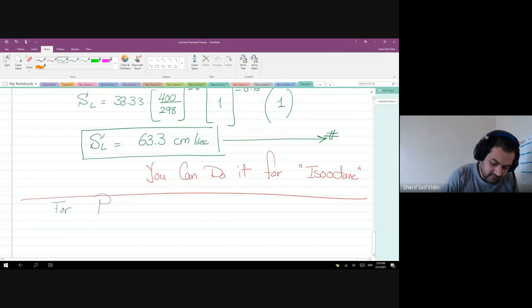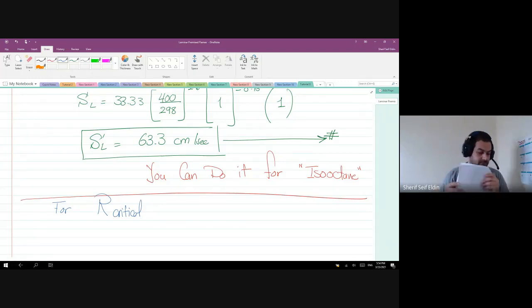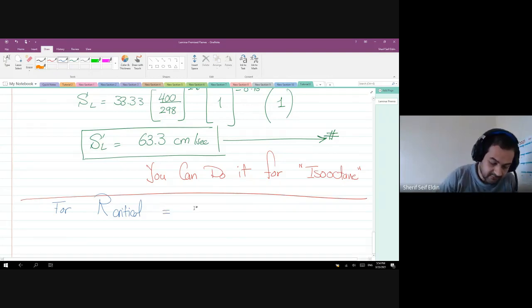For R critical, by definition, R critical is the square root of 6 alpha over the laminar flame speed.